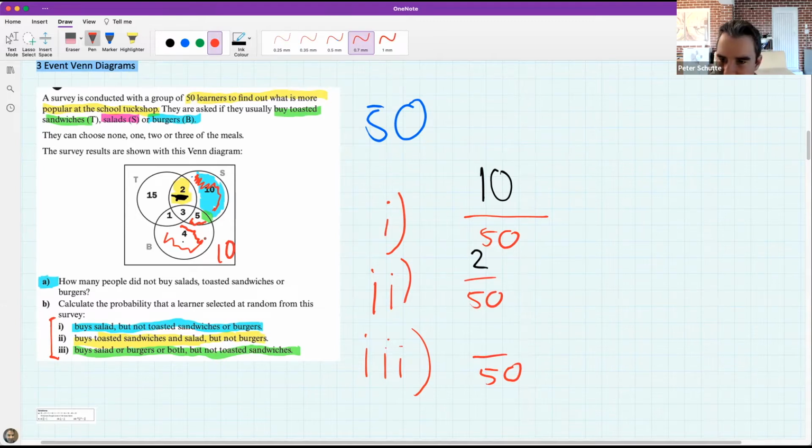Can everyone see that? Even for me, my brain was like, whoa, what's going on here? So you really do need to take a moment and think through it. It could be salads or burgers or both, but it can't be anywhere in the toasted sandwich circle. And so that's why it's going to be 10 plus 5 plus 4, which is 19 out of 50.